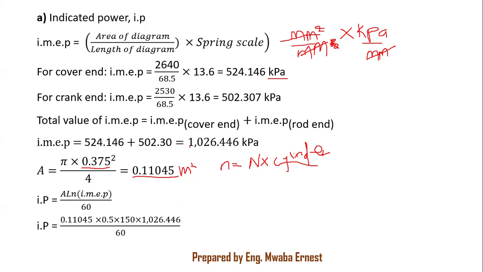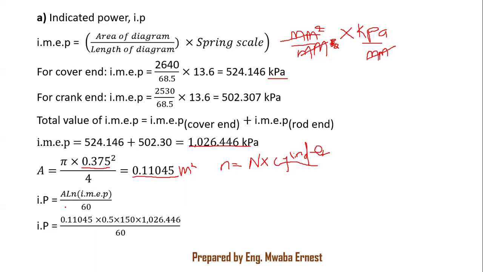Indicated mean effective pressure is this value we got here after adding the 2. And after that, we divide everything by 60 so that we have our power in joules per second. In kilojoules per second, because this is already in kilo.